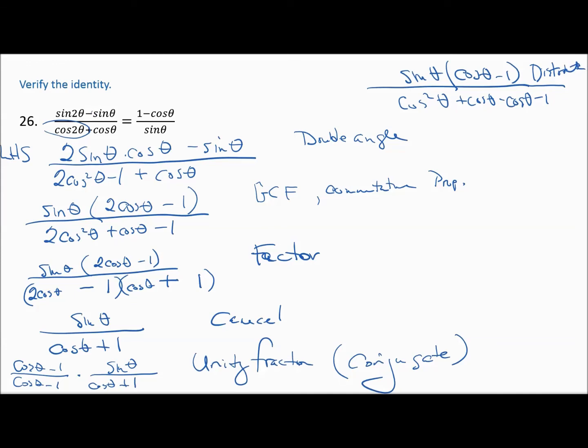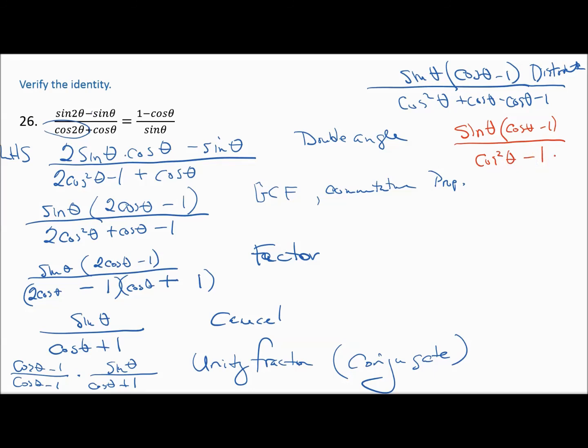Now, I'm going to change colors so it doesn't run into what we've got going on over there. These middle terms cancel. So I have sine of theta times cosine of theta minus 1 over, okay, so the middle terms cancel. I have cosine squared of theta minus 1.